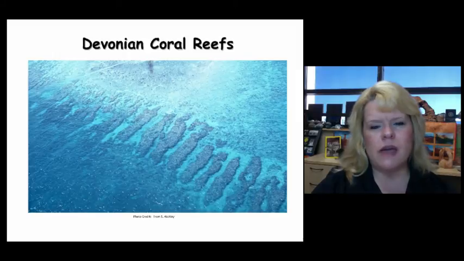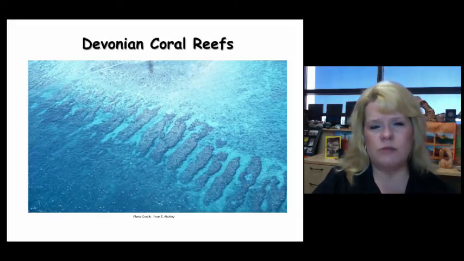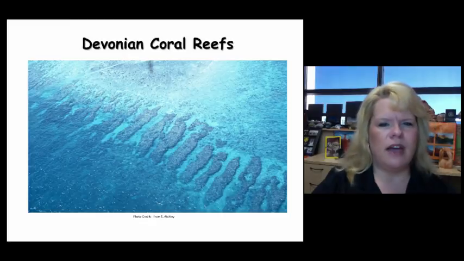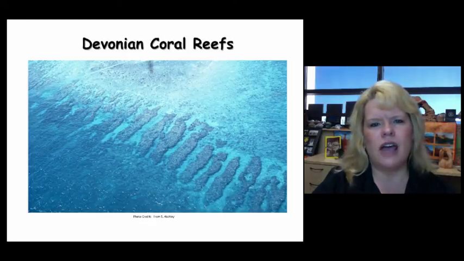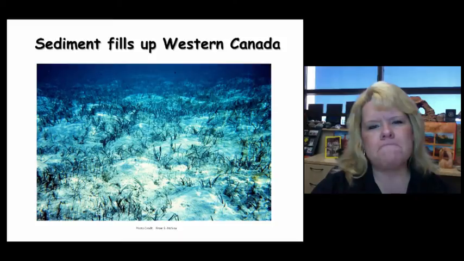This would have been the types of corals that built around the perimeters of Devonian-aged basins like Williston Basin. Now again, these are modern day coral reefs, so I don't want you to think that these species would have been present at that time. We would have had pinnacle reefs and some barrier reefs, but nevertheless, it still achieved the same purpose. So sediments like this would be filling in these basins.